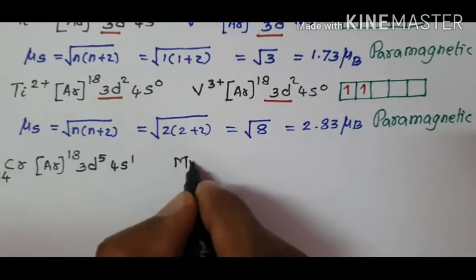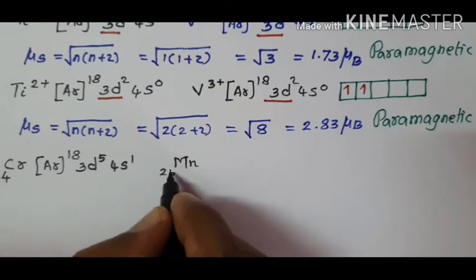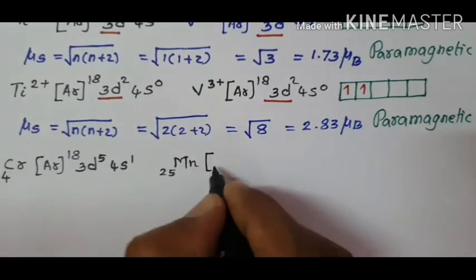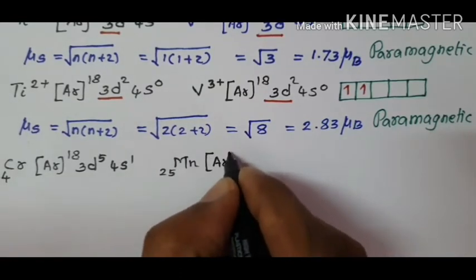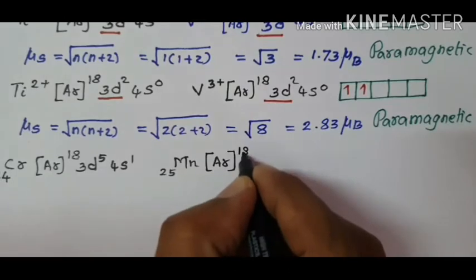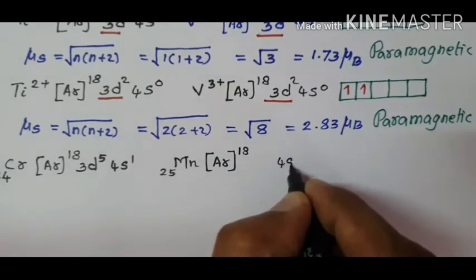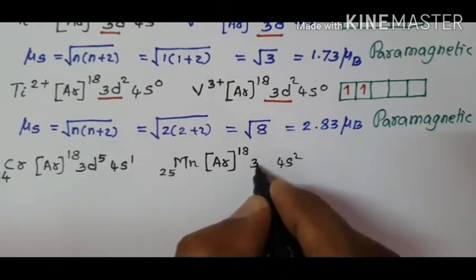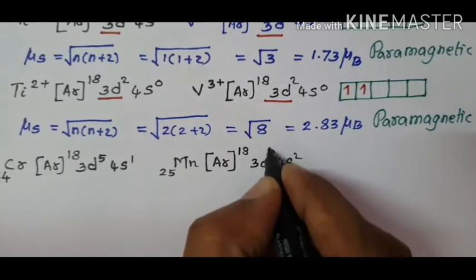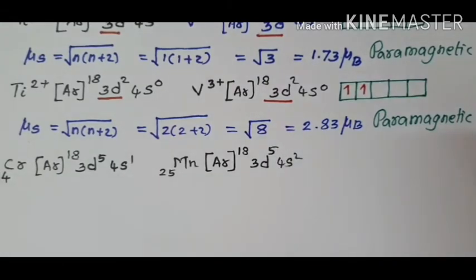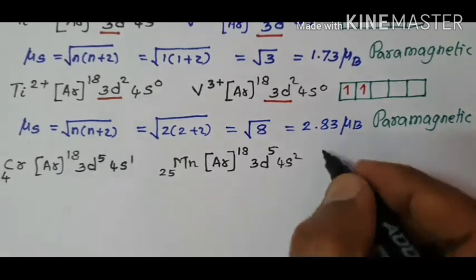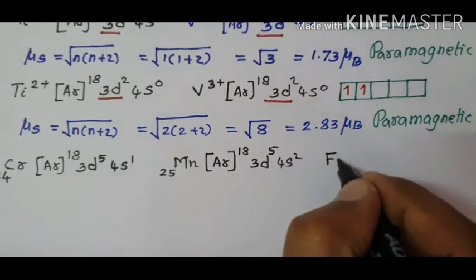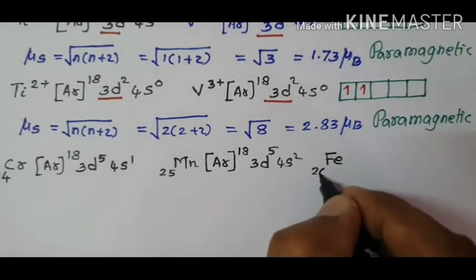Manganese Mn, atomic number 25. Electronic configuration argon 18, 3d5 4s2. And iron also we can write, atomic number 26.